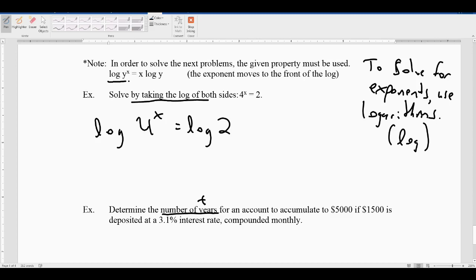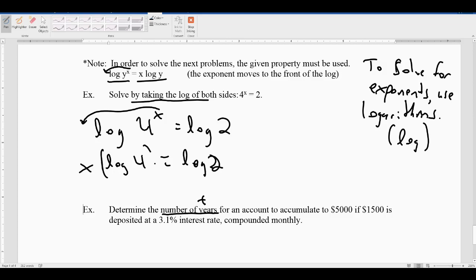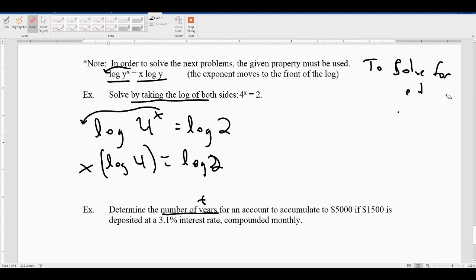Now there's a property you've got to use after that. And that says that you take this exponent x and it moves out in front. So it becomes x log of 4 equals log of 2. And that's actually a number. So if you want to write it like that, you can. And to solve this, we need to isolate the x.